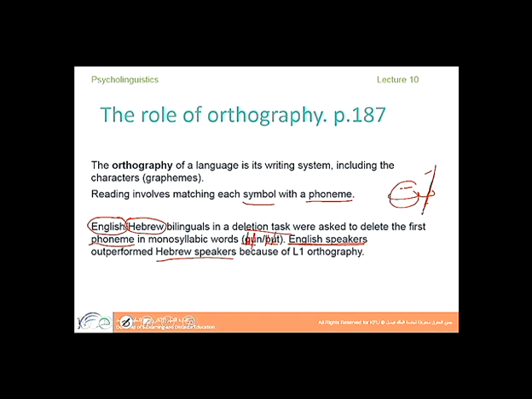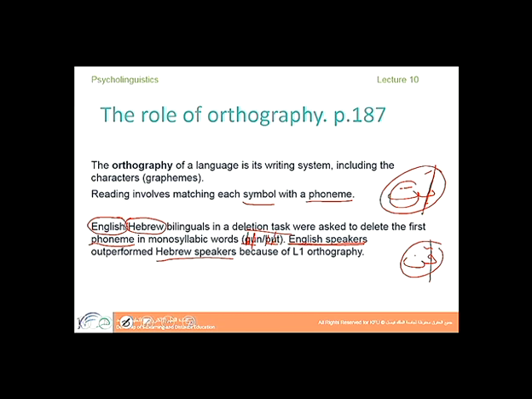So gun, for example, if we write it like that, the Hebrew speakers, just like Arabic speakers, would say n, whereas native speakers of English would say un or ut. So there is a role of orthography. The way we write in Arabic or Hebrew makes a difference.